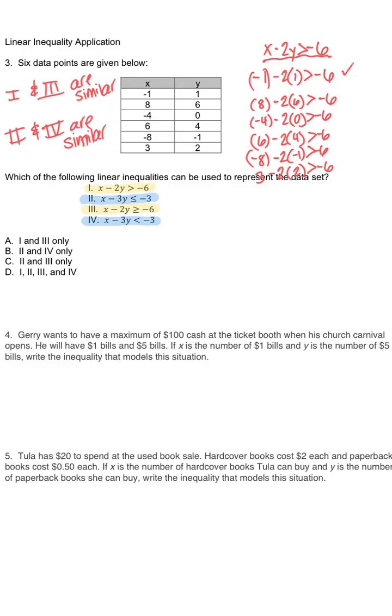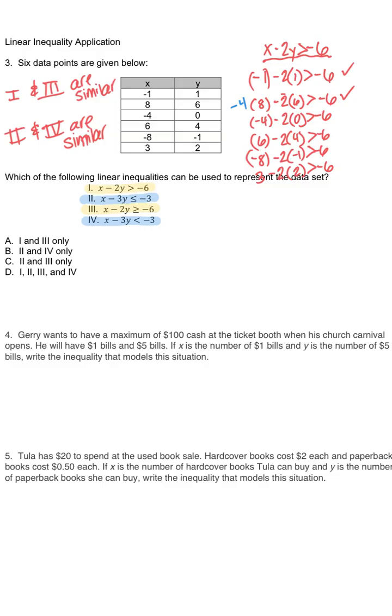Then we have 8 and negative 12, that would give us negative 4. Is negative 4 greater than negative 6? Yes, it is. Then negative 4 and 0 is negative 4, greater than negative 6. Yes, it is.